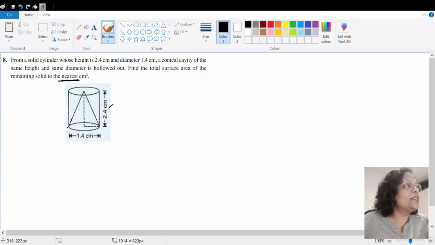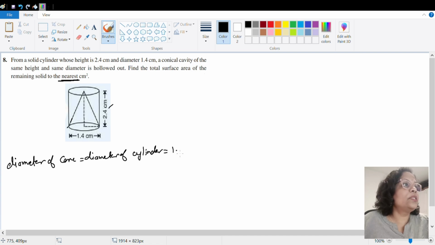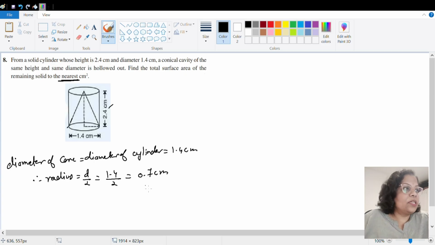So now here you will write first: the diameter of the cone is equal to the diameter of the cylinder, that is 1.4 centimeter, and therefore the radius is d by 2, that is 1.4 by 2, which is 0.7 centimeter. So this much we have. We have r and h, but we don't have l here, so we need to get l.